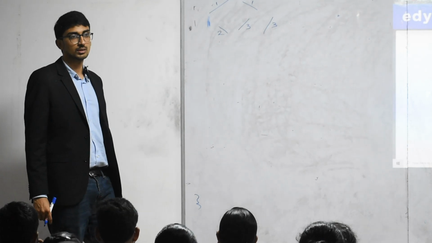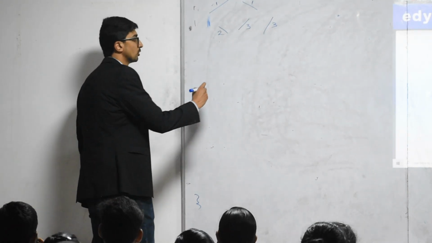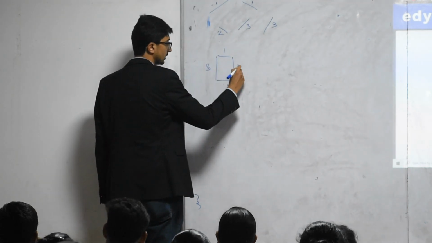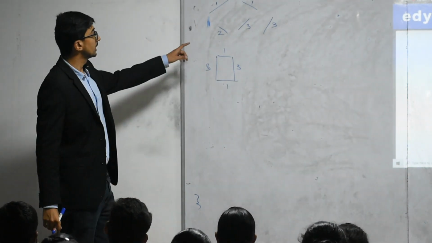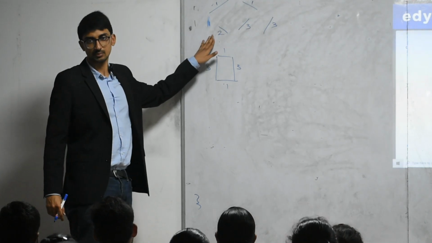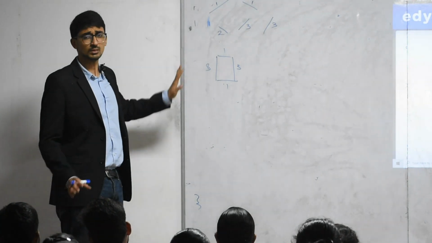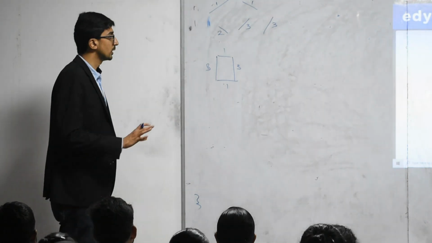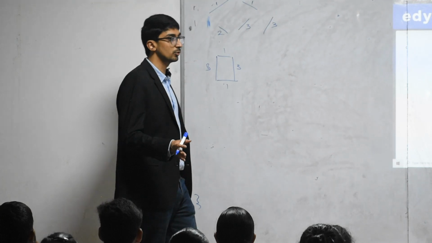How many frames? 1 frame, correct? It will be like this: 1, 1, 3, 3. So that's what you're going to get. We will leave out 1 stick, the 2 will be left out, which is fine. The question is not saying you have to use all the sticks.